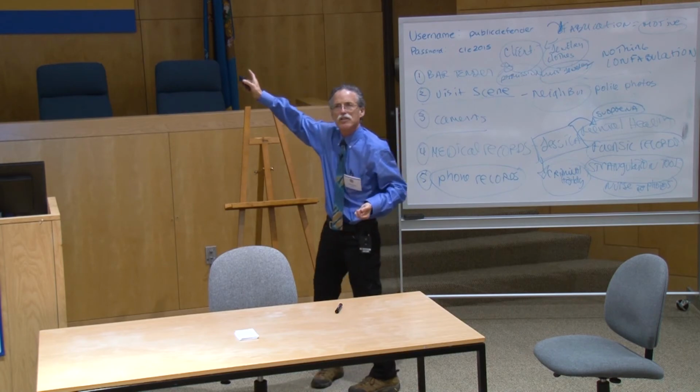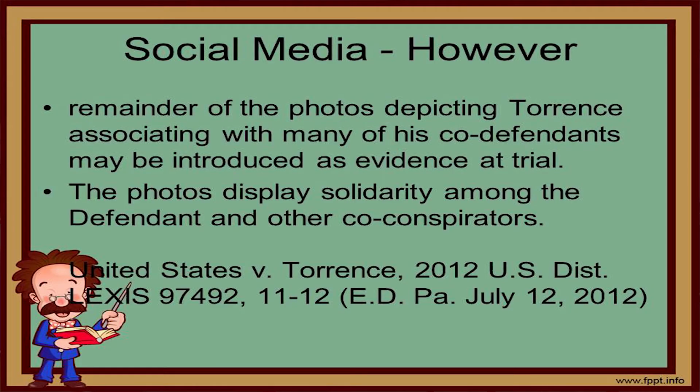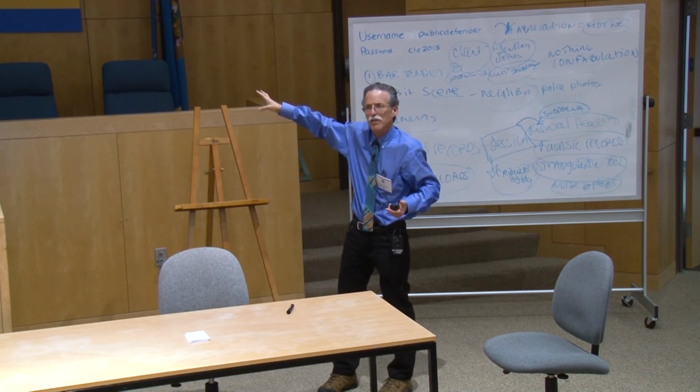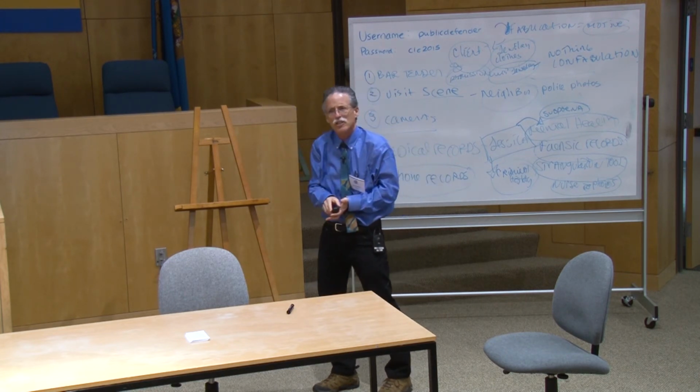And again, you'll get this cite. This is a pretty nice recent federal court case talking about those kind of photos. And the judge going through them photo by photo and saying, you know, the ones where our clients are posing like this, right? Keep it out. Some of the other ones had probative value and come in, but that stuff is just character.